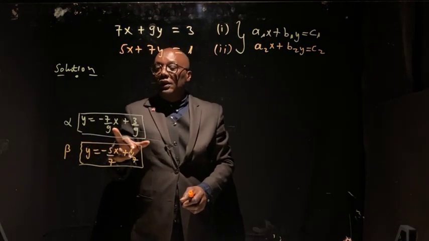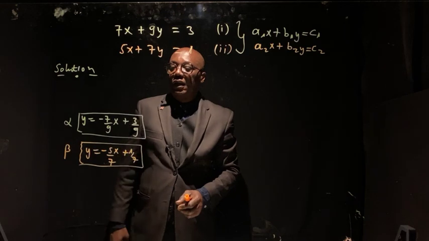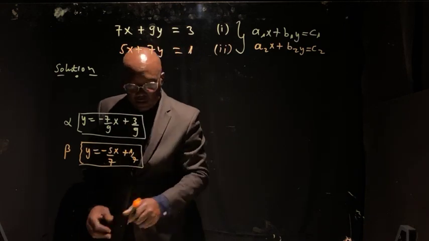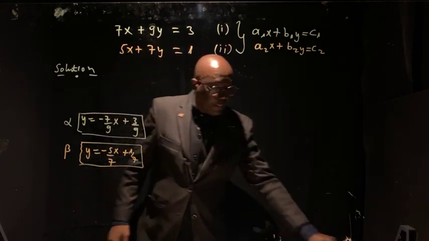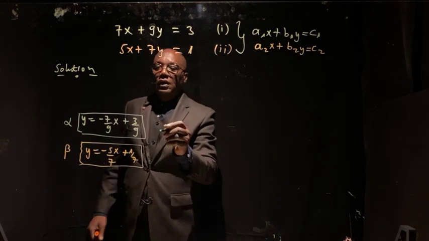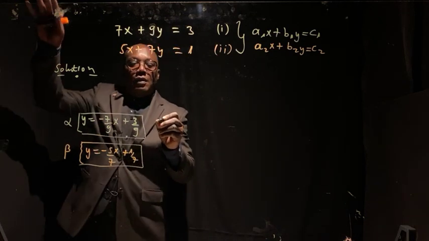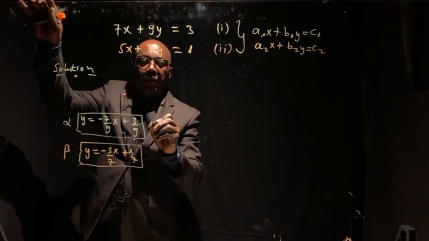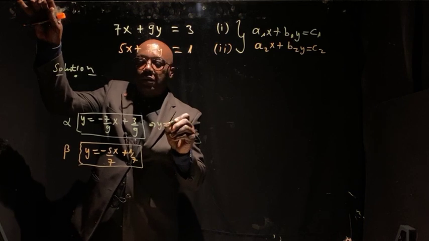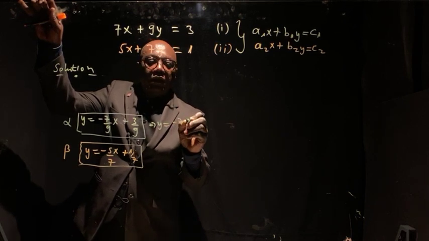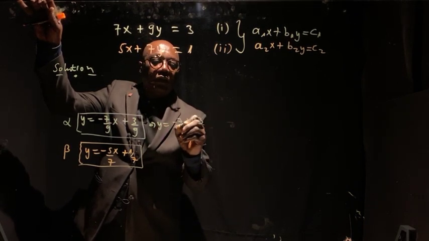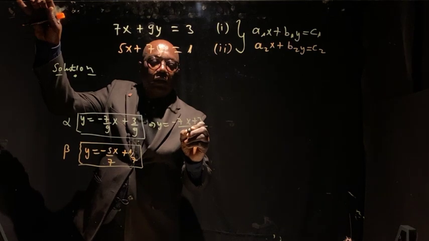These were the equations that we derived earlier. This one is not different from y equals -7x plus 3 over 9.